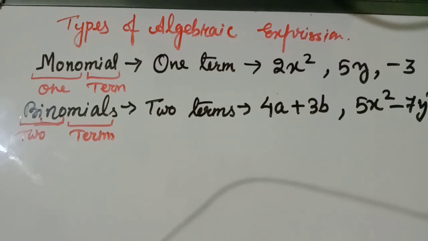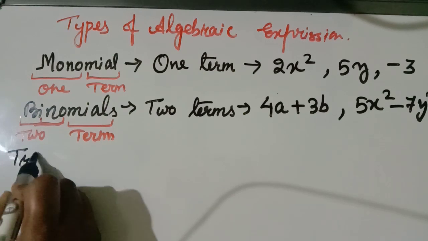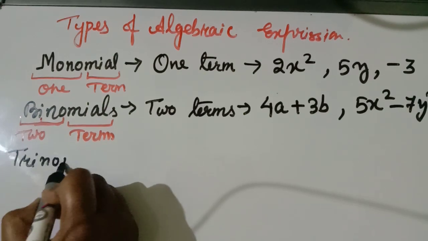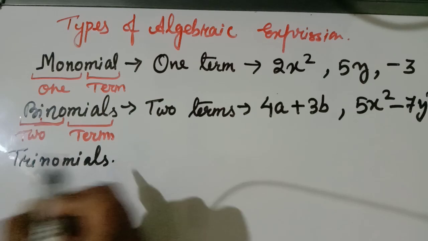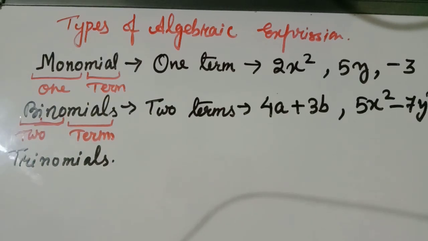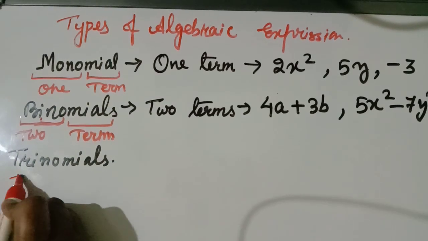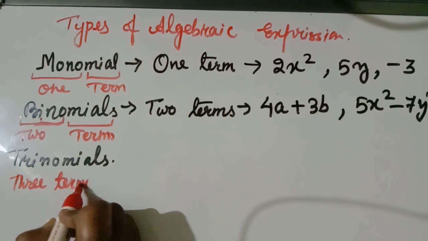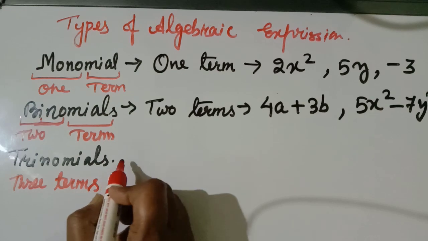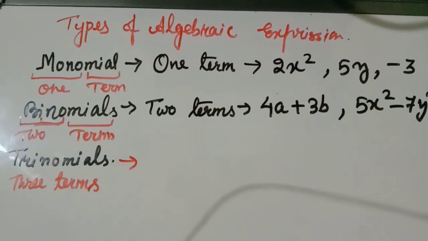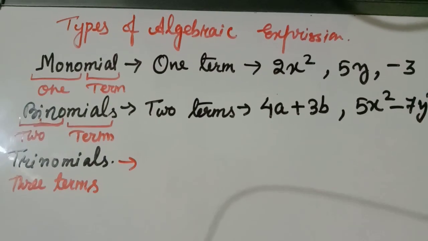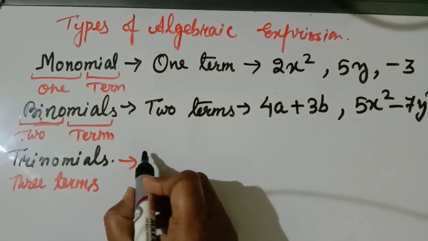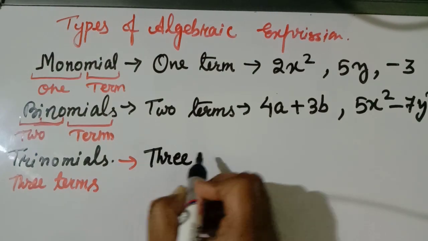Similarly, next is trinomial. So, what is trinomial? Tri means 3. Trinomial means 3 terms. It consists of 3 terms.